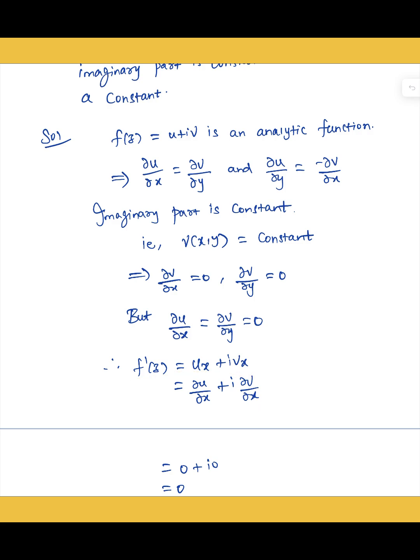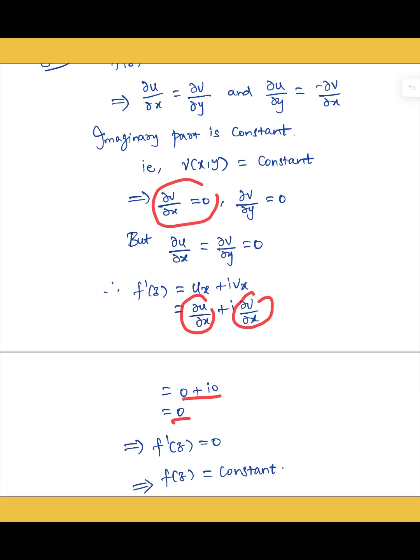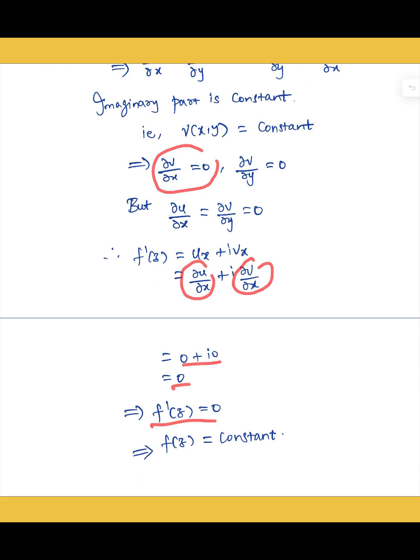We know very well that ux is ∂v/∂y, which is 0. So I am replacing this ux with vy, which is 0, and vx is also 0. So we have 0 + i·0, which is 0. Therefore, f'(z) is 0, and when you integrate on both sides, f(z) is a constant.